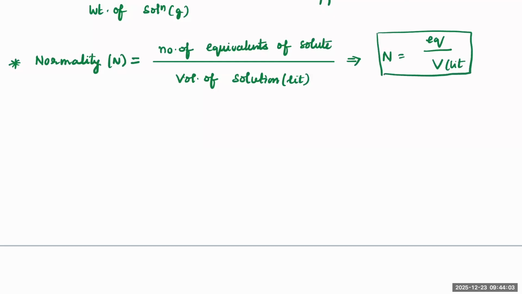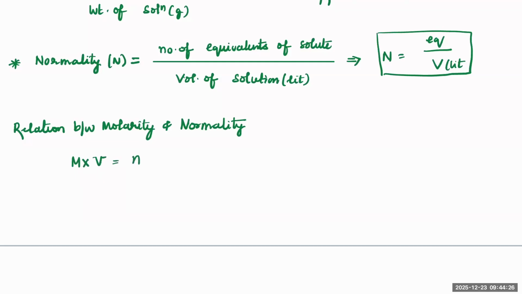So this has a very close relation with molarity, if you have seen it. So I can use the terminology like this: relation between molarity and normality. You can see molarity into volume is equal to the number of moles of solute, while normality into volume is equal to the number of equivalents of solute, EQ of solute.